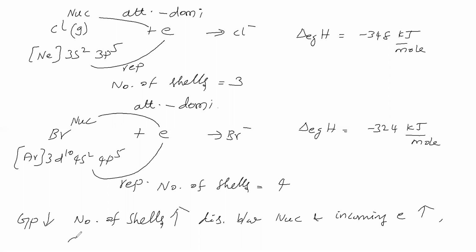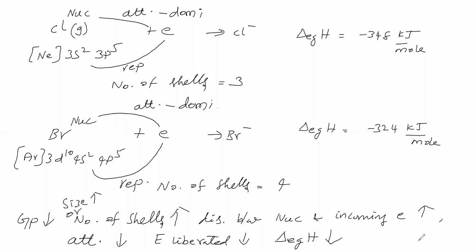Therefore attraction between the nucleus and incoming electron decreases, the amount of energy liberated decreases, and the electron gain enthalpy decreases. So down the group electron gain enthalpy decreases because the number of shells increases, or simply, size increases.